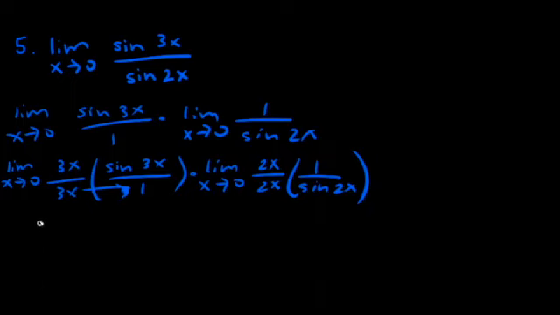And so now if we simplify, once you get used to these problems, you don't have to show this step. We can see that it'll be sine 3x over 3x when we multiply it in, which will give us 1.